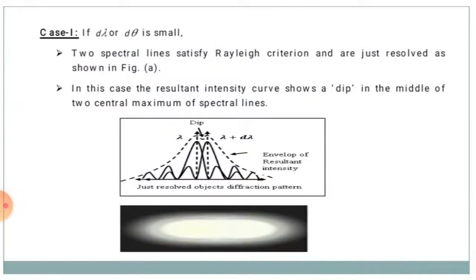Now let us see the first case. In this case, the difference in wavelengths of the two spectral lines, d lambda, is small. We will observe the resultant intensity distribution curves for the two spectral lines lambda and lambda plus d lambda.